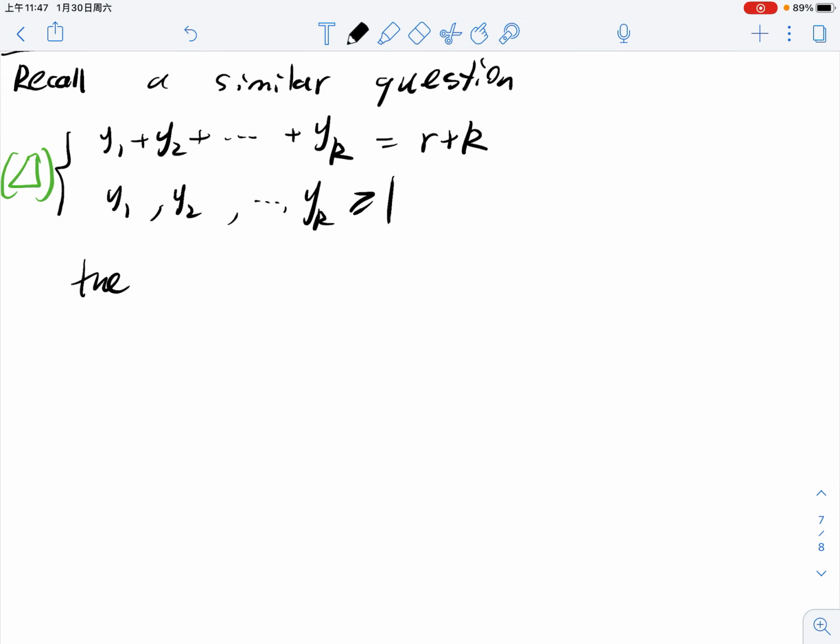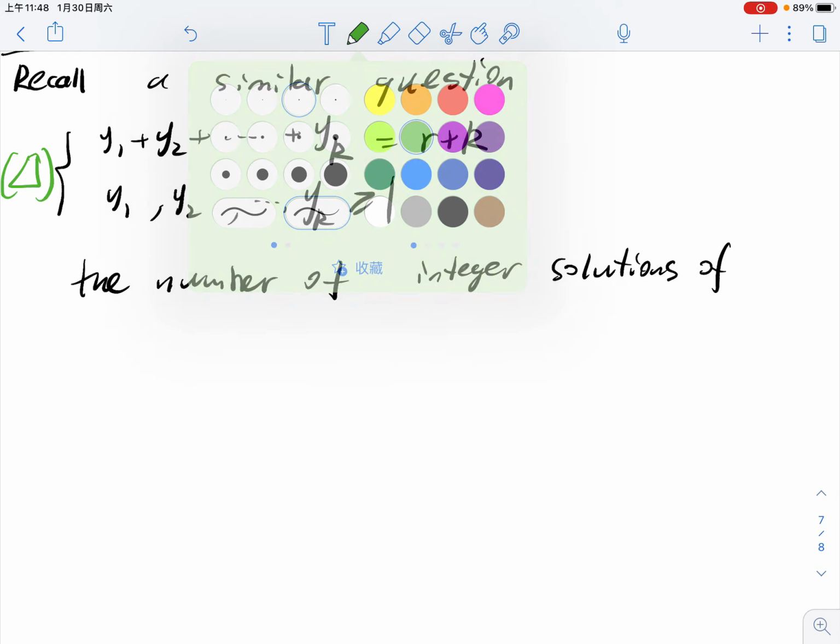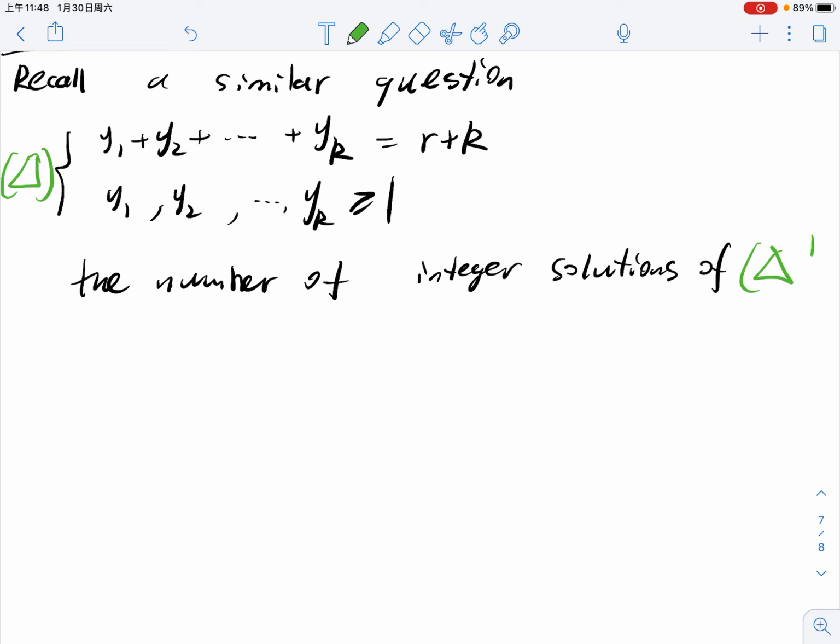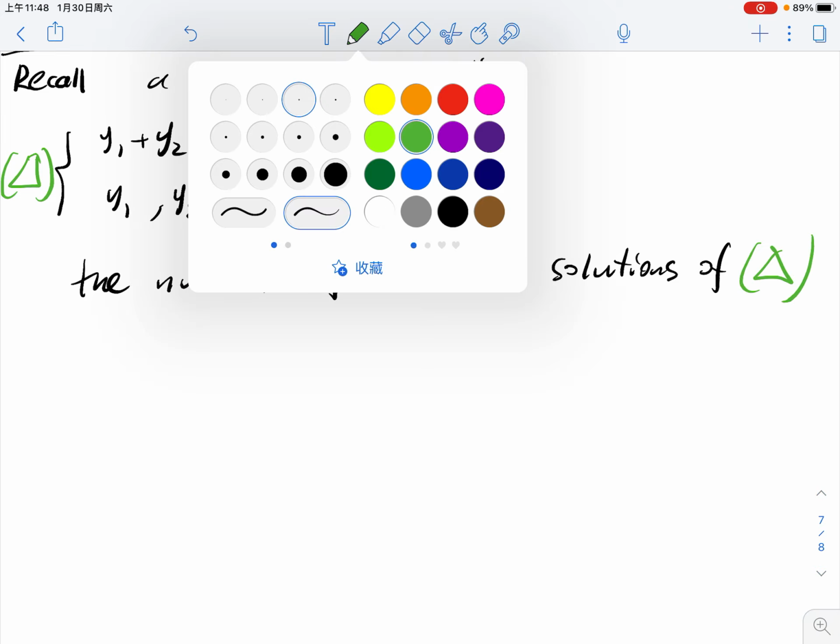So the question is the number of integer solutions. Call it delta, triangle.